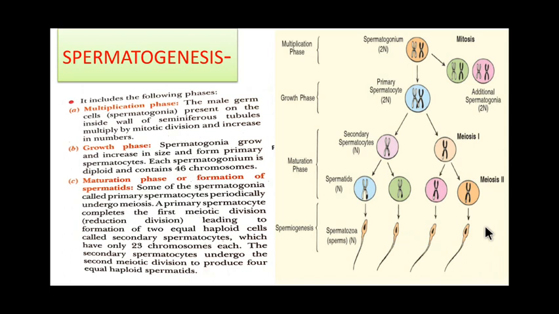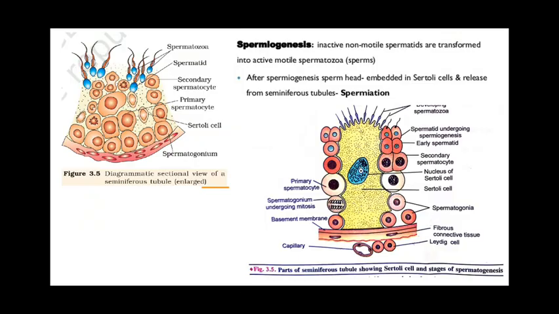Now here you can see this is the formation of the spermatid, and next is spermiogenesis, that is the transformation of the spermatid into spermatozoa. It involves the movement of the cell organelles to positions characteristic of the mature spermatozoa, with certain changes in the cell organelles, loss of Golgi apparatus, cytoplasm and water.